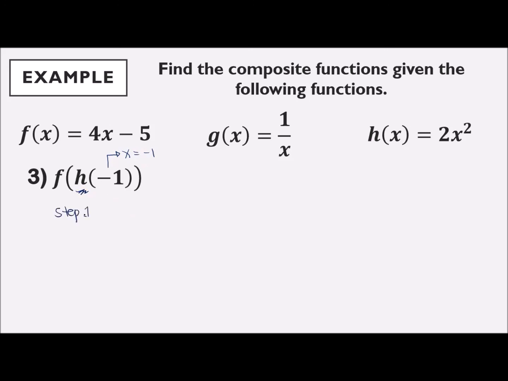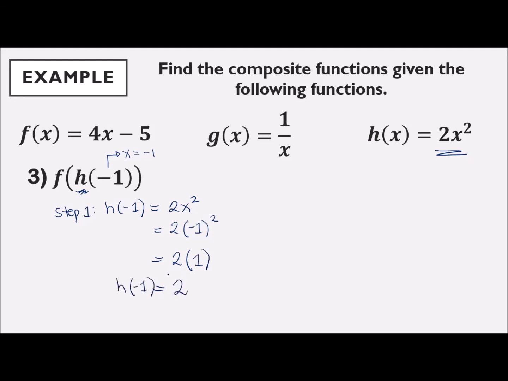So, step 1, uunahin muna natin si h of negative 1. So, ang h natin ay 2x squared. So, lahat ng x, papalitan ng negative 1. Then, simplify. So, negative 1 squared or negative 1 times negative 1 is positive 1. And then, 2 times 1, the answer here is 2.